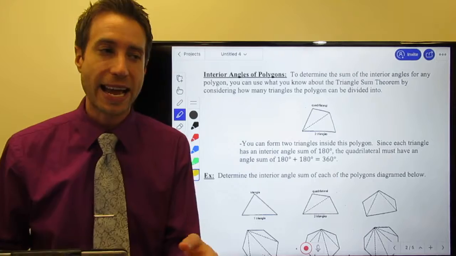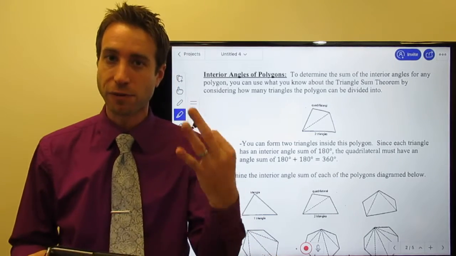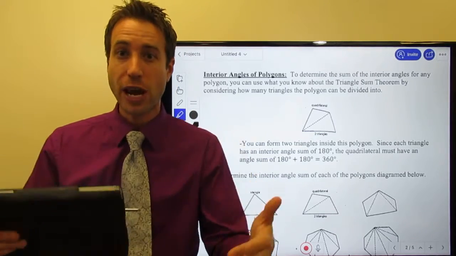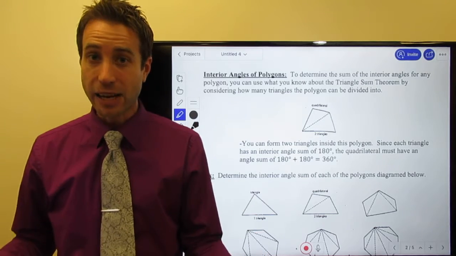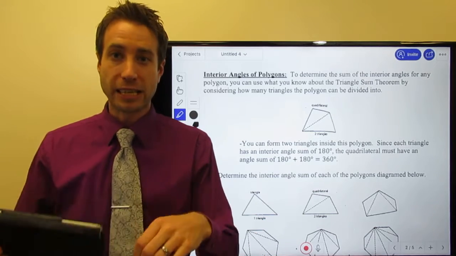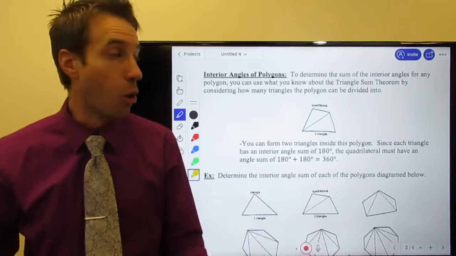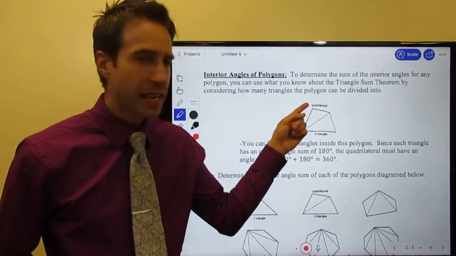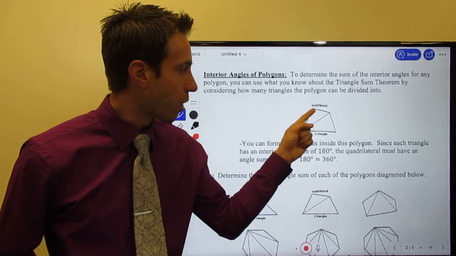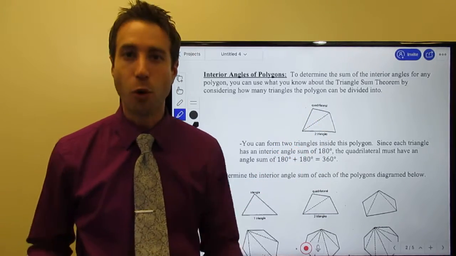So a triangle, tri being the prefix for 3, is a shape with 3 angles. A polygon is going to be a shape of many angles, more than 3. In this case, I give you a quadrilateral, which has 1, 2, 3, 4 angles.